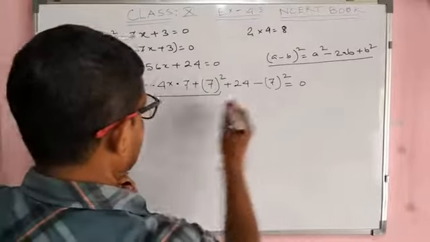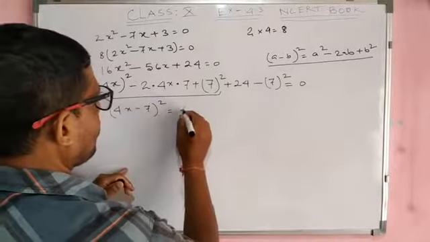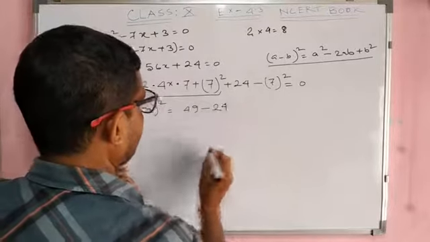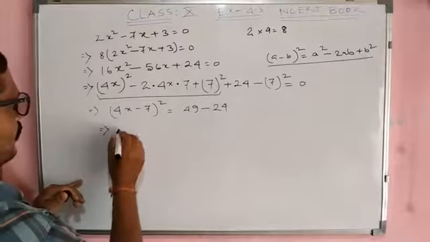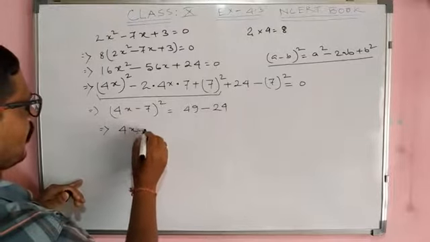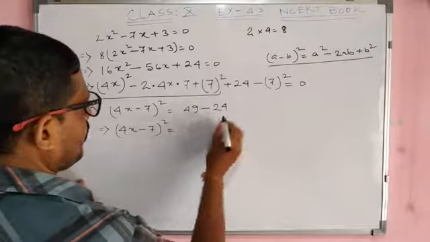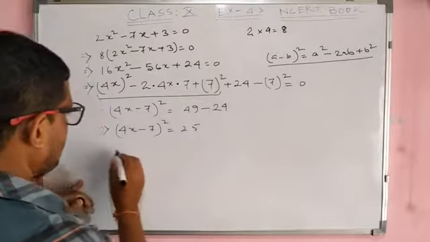Transferring this side, 7 square means 49, minus 24. So 4x minus 7 whole square will be equal to 25.